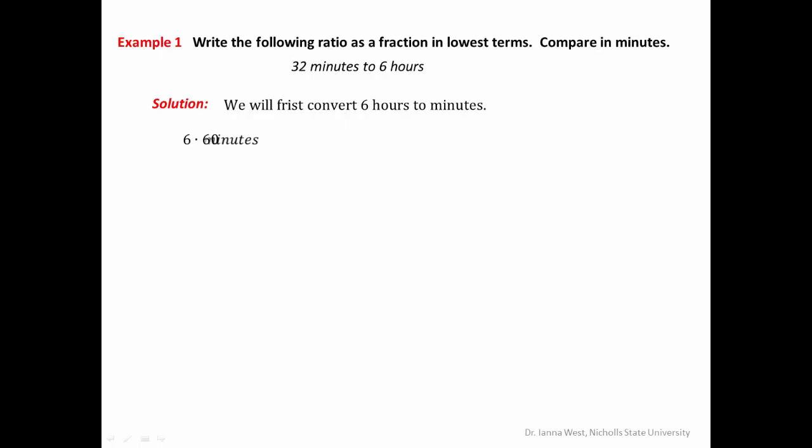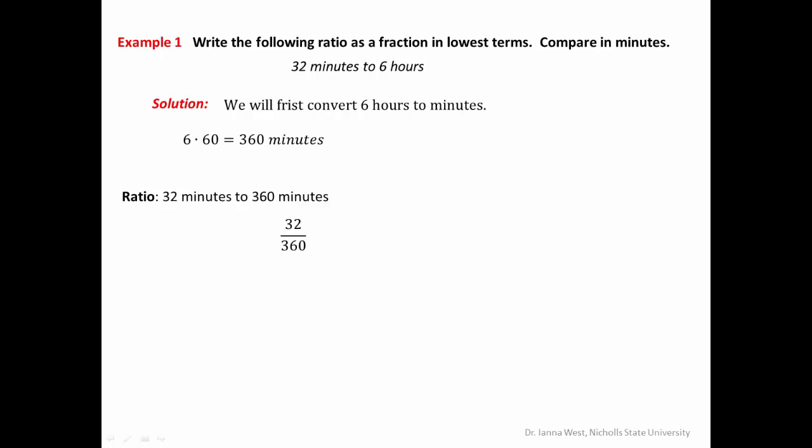This gives us 360 minutes. So the ratio may then be written as 32 minutes to 360 minutes. To write it as a fraction or a quotient, we write it as 32 over 360.